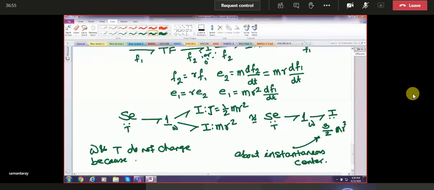Remember first year mechanics, a couple moment is a free vector. Likewise, rotation is a free vector. So if you translate those things, they do not change. But the inertia has changed, and we have the inertia about the instantaneous center of rotation, that is about the contact point.